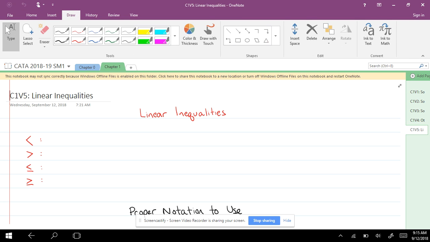I don't think this is necessarily something that we need to talk about, but we got all the symbols over here that we need to make sure that we understand what they read as. So our first symbol is we have less than. One thing that I want to recall for you is that we always read these left to right. So then we have greater than.